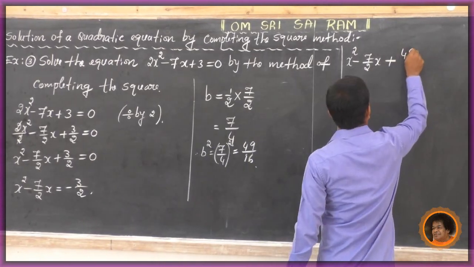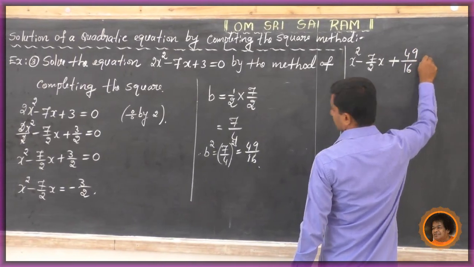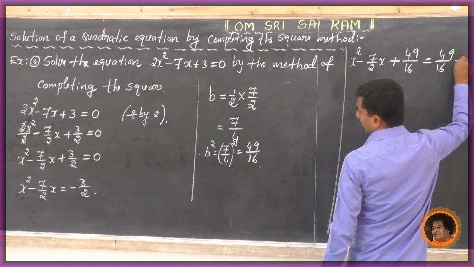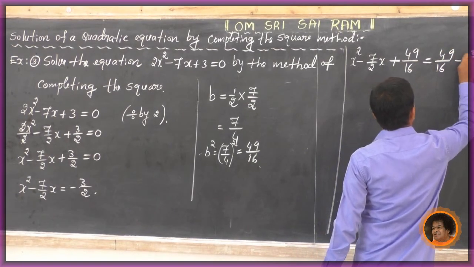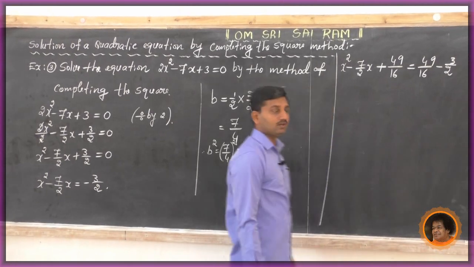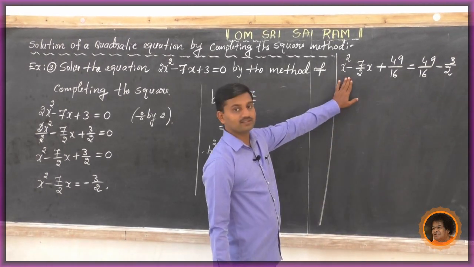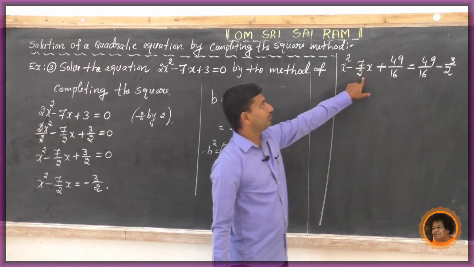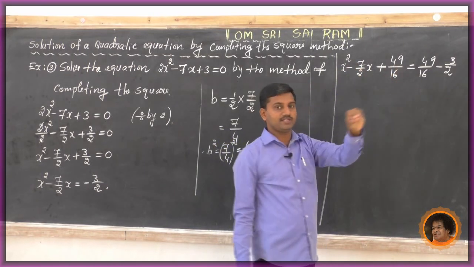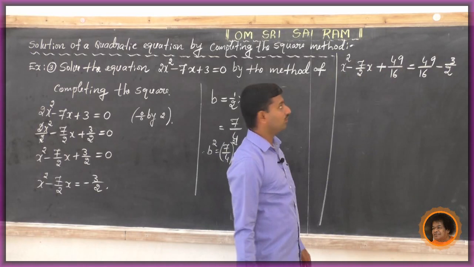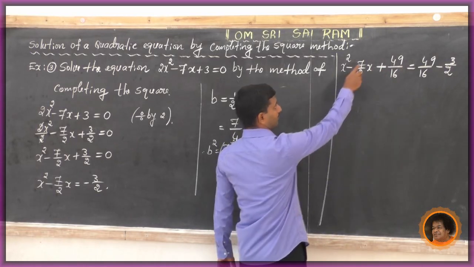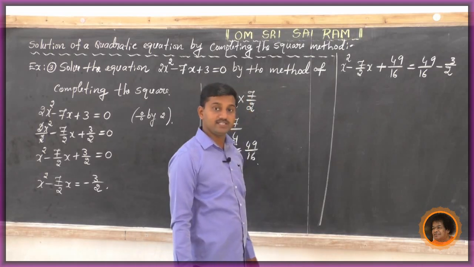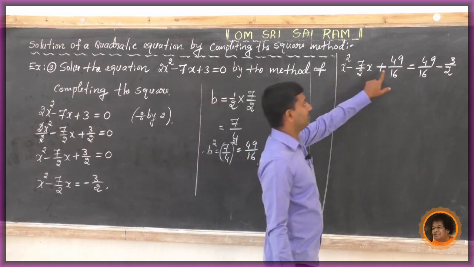so 49 by 16 equal to 49 by 16 minus 3 by 2. Now solve the equation. Just look at the left hand side of the equation, x square minus 7 by 2 x plus 49 by 16, it is a perfect square. So how can we write x square minus 7 by 2 x plus 49 by 16 with the help of the identity a square minus 2ab plus b square?